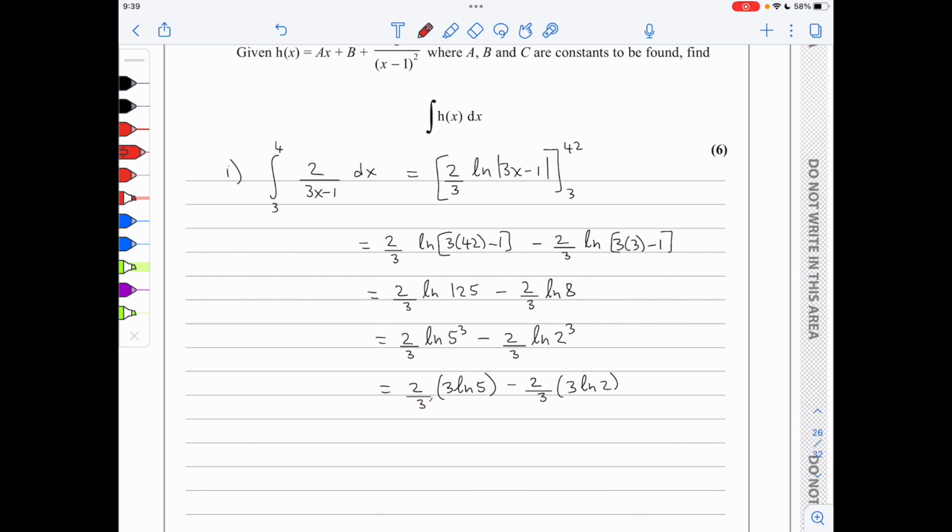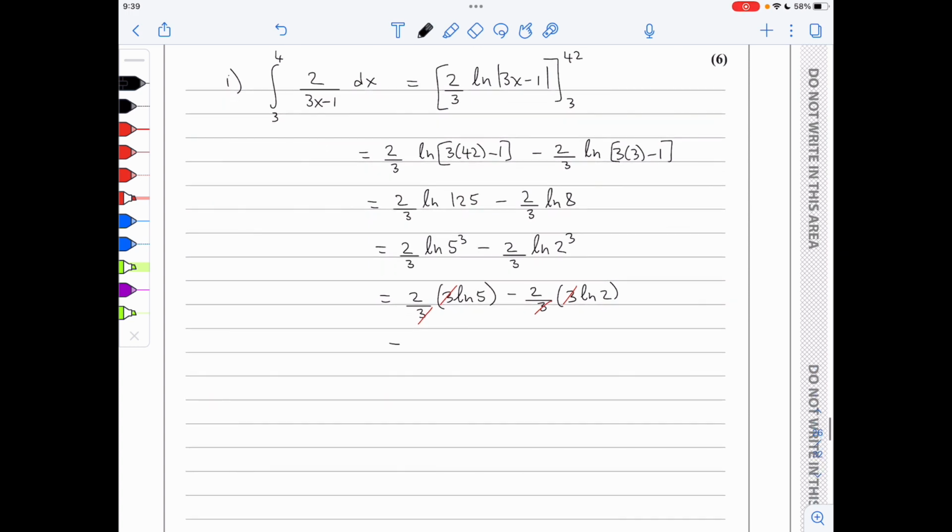Obviously, the 3 will cancel out in both cases. I get 2 ln 5 and 2 ln 2, which becomes ln of 5 squared minus ln of 2 squared. It's ln of 25 minus ln of 4, so this is just ln of 25 over 4.